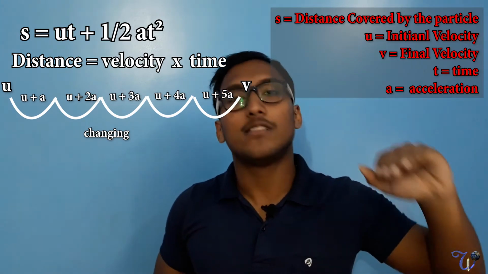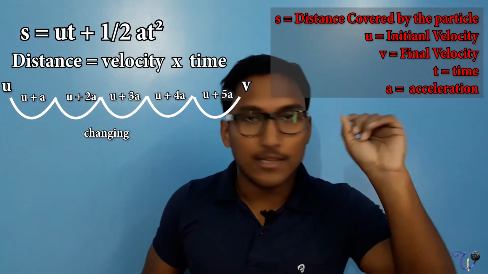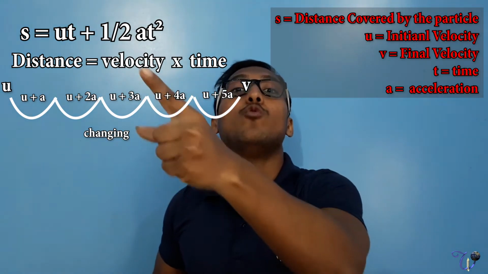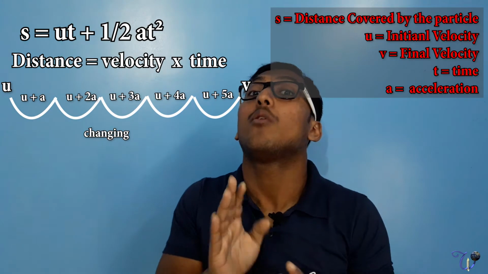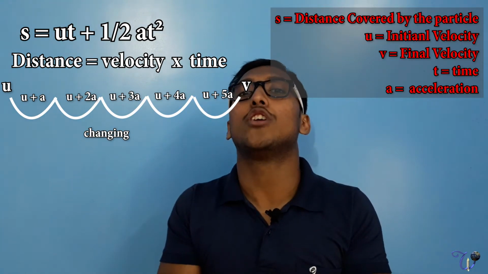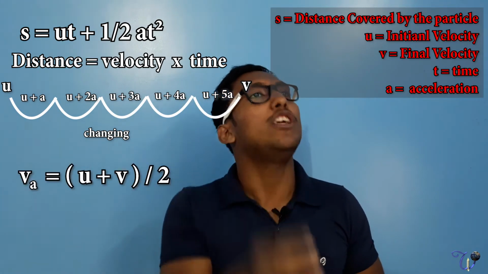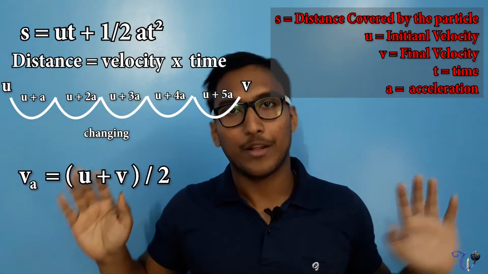Constant means at first u, after 1 second u plus a, after 2 seconds u plus 2a, after 3 seconds u plus 3a, and so on. So the average velocity va is equal to u plus v by 2, right?